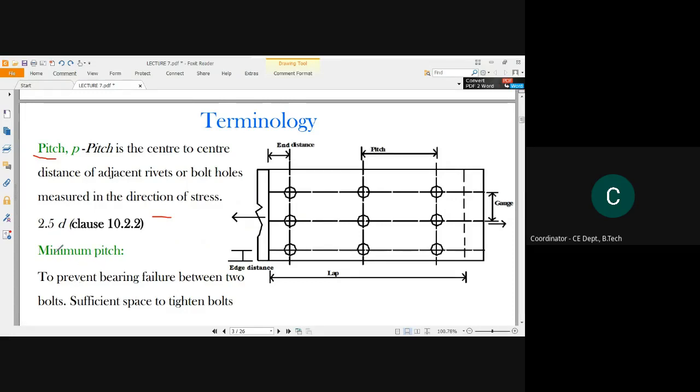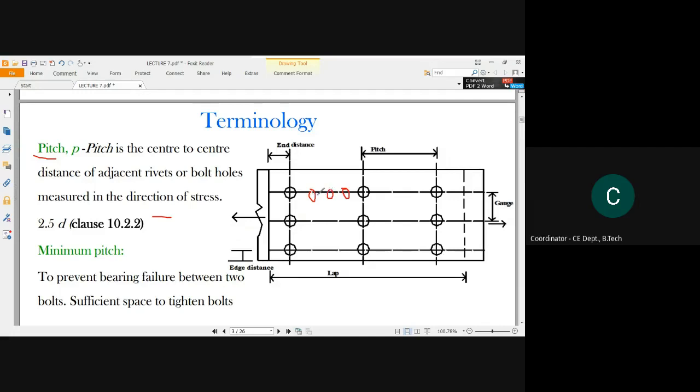Next is called minimum pitch. So what do you mean by minimum pitch? See, in order to create these holes, you need to assure that you are not making the holes very close to each other. If you create the holes very close to each other, what will happen?